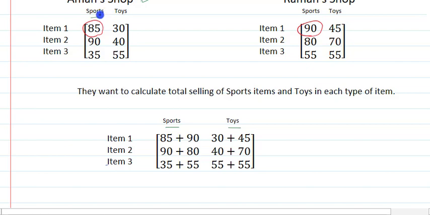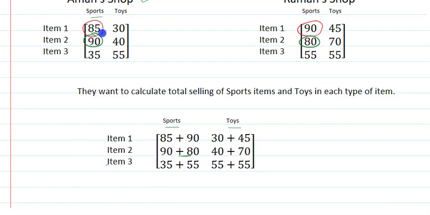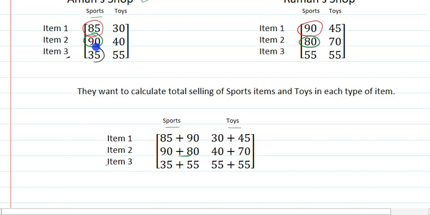Similarly, in sports items, item number 2 can be found out by adding 90 and 80. So this is the addition. Similarly, to find out the total items sold of type 3, we need to add this 35 and 55.